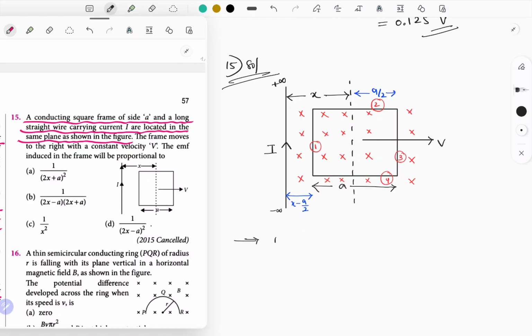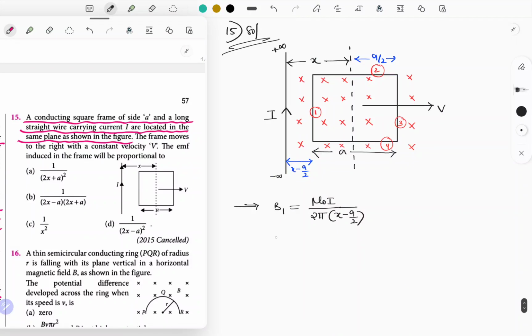The formula for magnetic field at a perpendicular distance due to an infinite length current carrying conductor is mu naught I by 2 pi into the perpendicular distance, which is x minus a by 2. Already decided direction. Now what about B3?